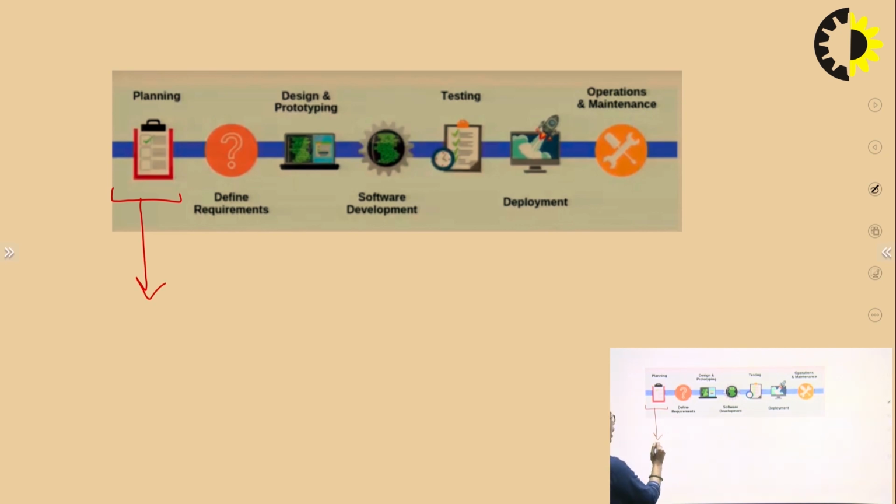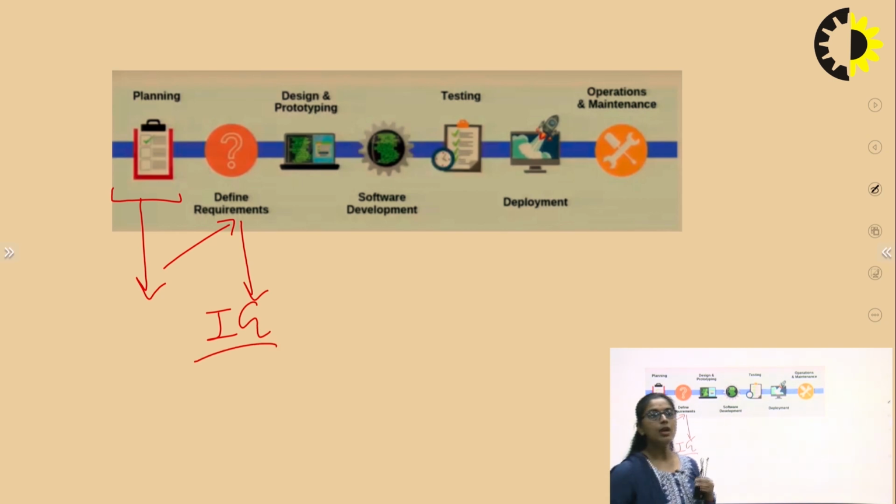After planning is done, or the problem statement is done, we go about collecting the requirements, which means we start the information gathering part. In information gathering, there are many steps for collecting information regarding this project.